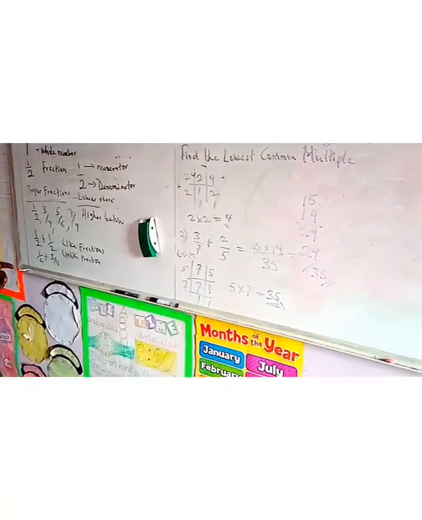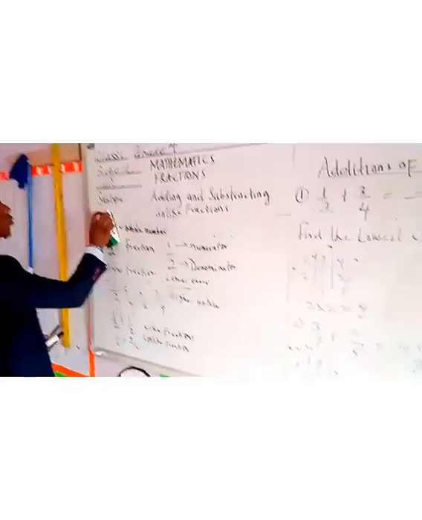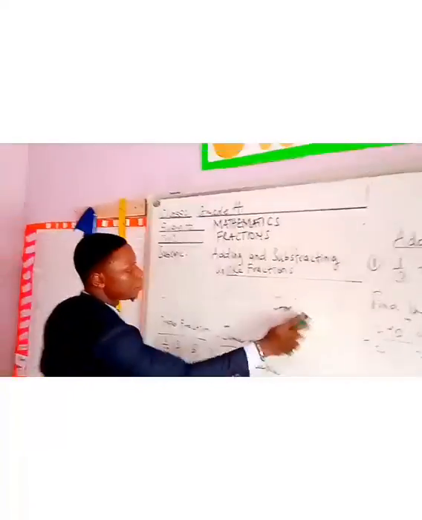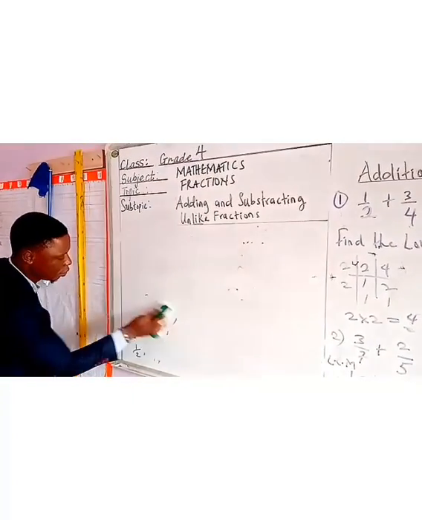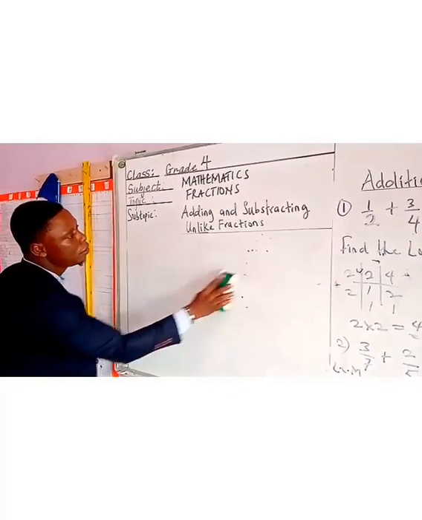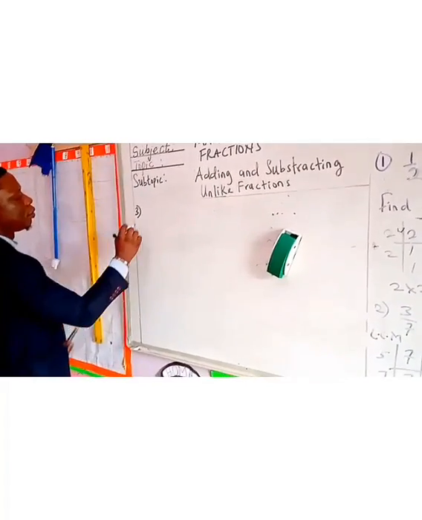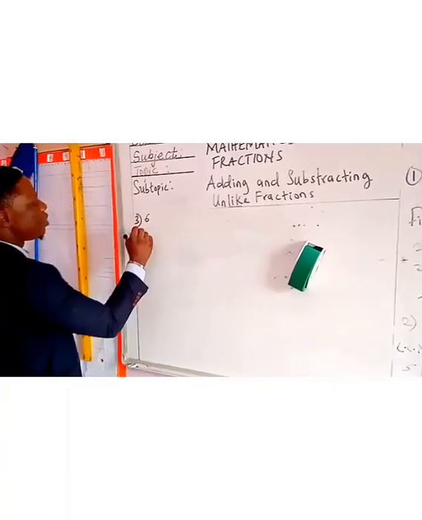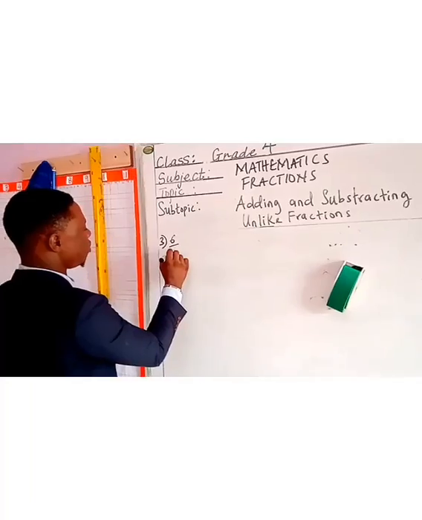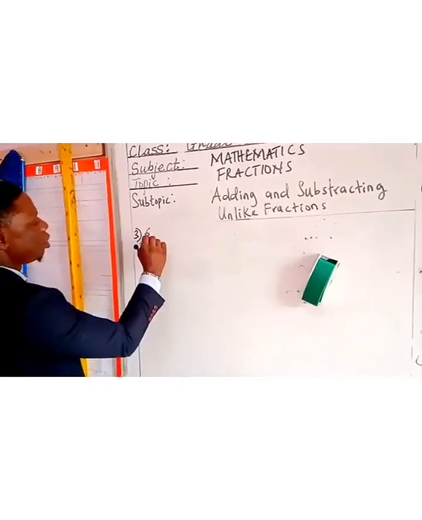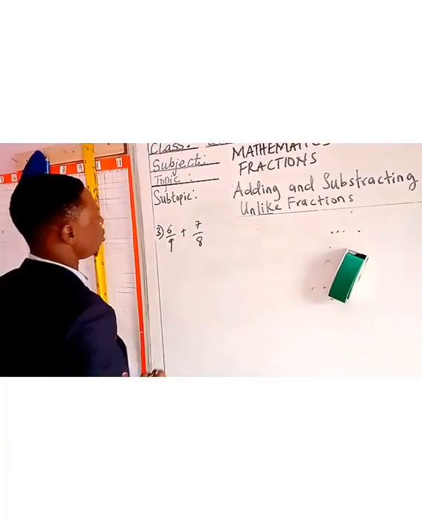So let's go to another example. Third example, we have 6 over 9 plus 7 over 8.